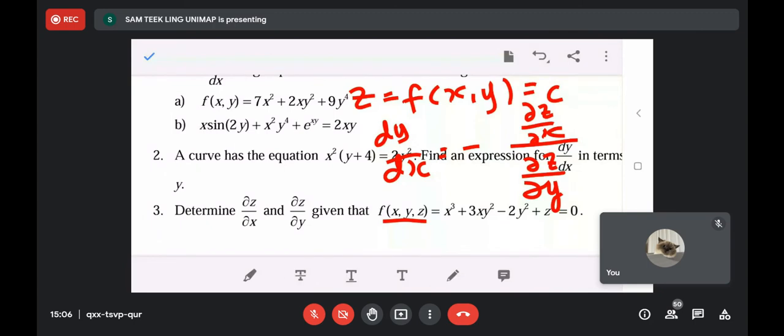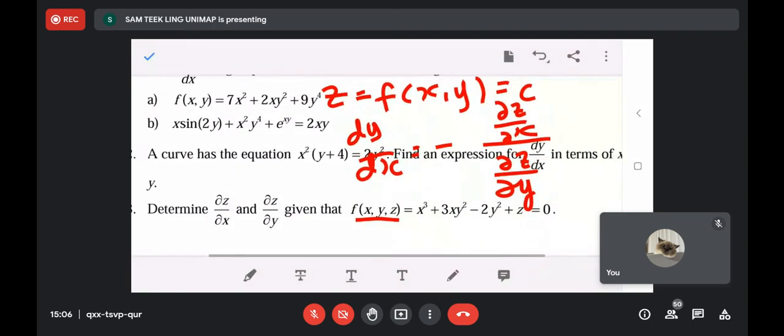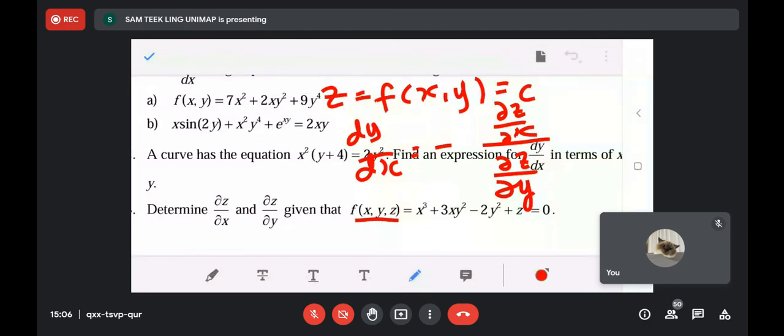So you can let this whole expression equal m, or if you want, you can let it equal f. Let f equal your function, then equal 0.